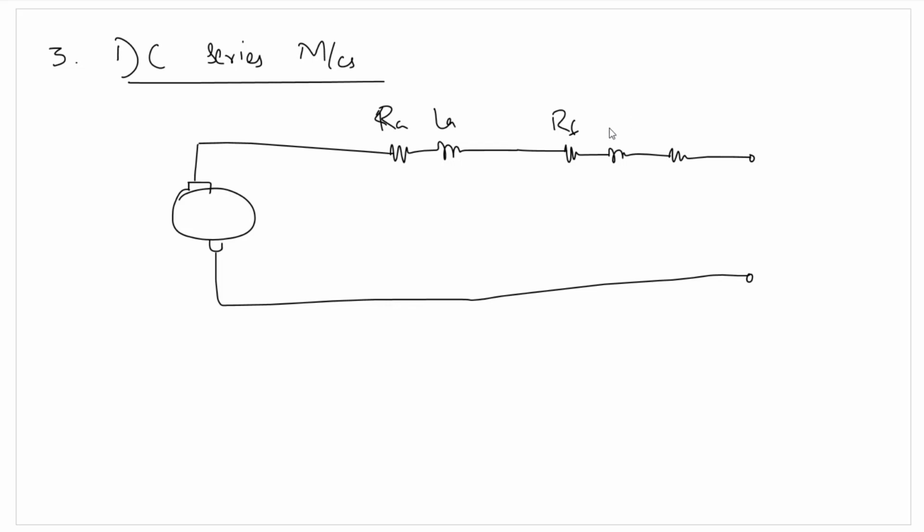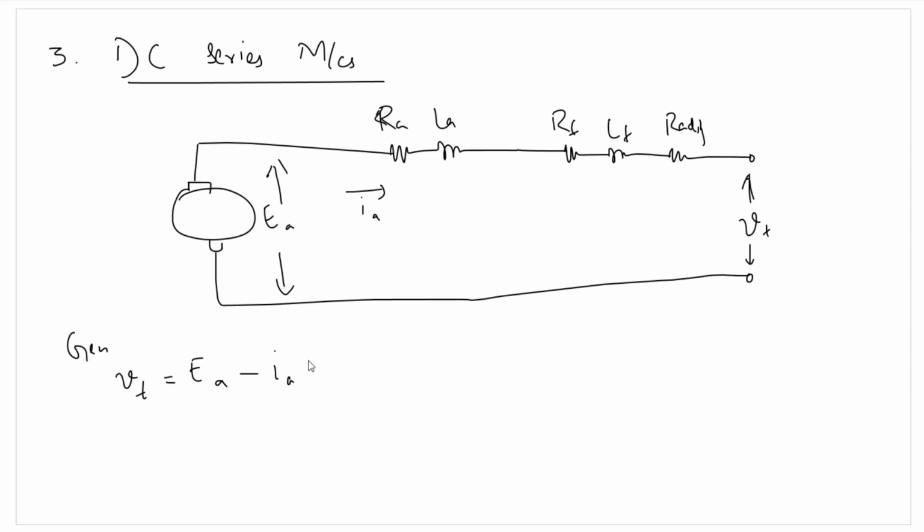This is the field winding RF, LF, R adjacent. This is the voltage VT. This is the voltage EA at this very point. So for a generating operation, we can say the direction of IA will be like this. So VT will be in that case EA minus IA into RA plus RF plus R adjacent.